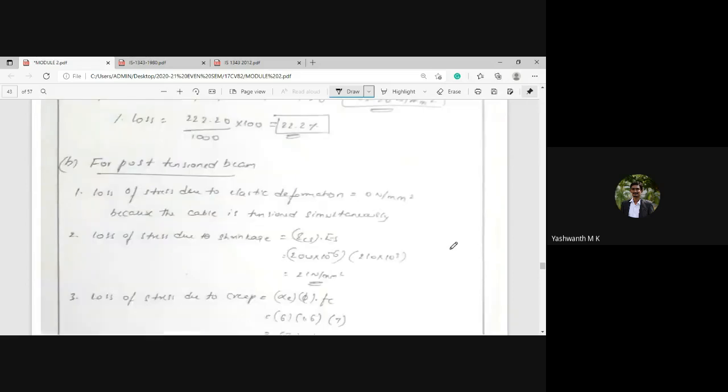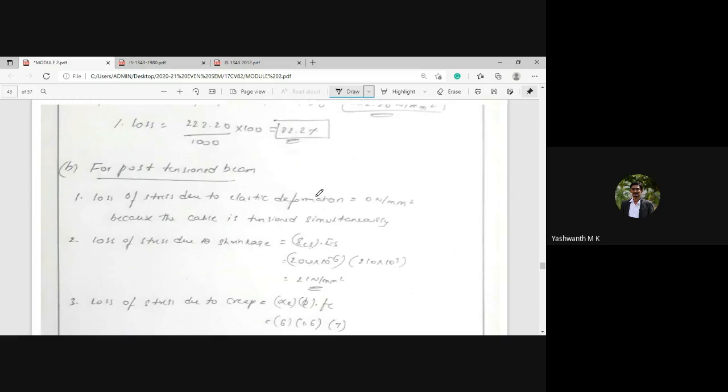Next let me move on to the post-tension beam. First write down loss of stress due to elastic deformation. Once you write down this heading, you already know the two conditions. First you need to think whether the cables are simultaneously tensioned or tensioned one by one. In this particular problem, nothing is mentioned about it.